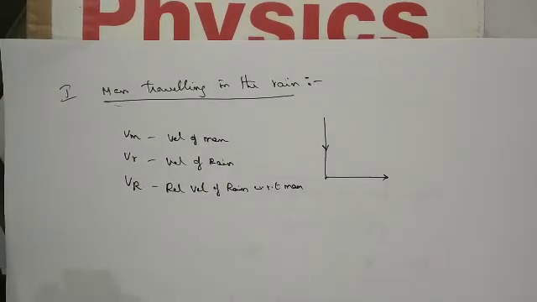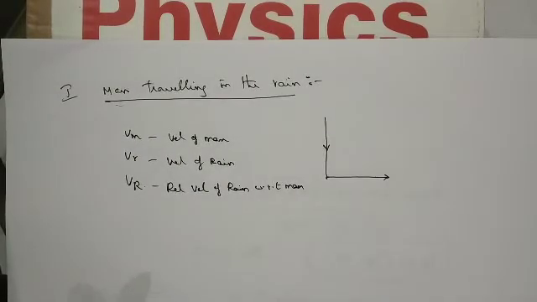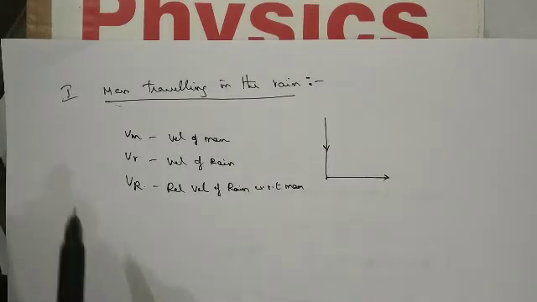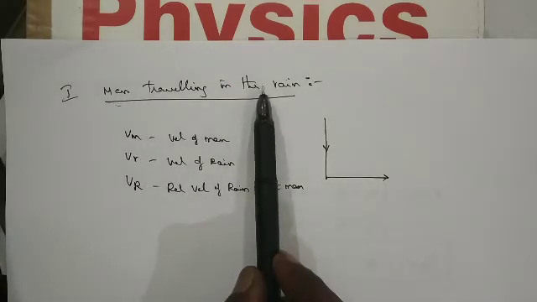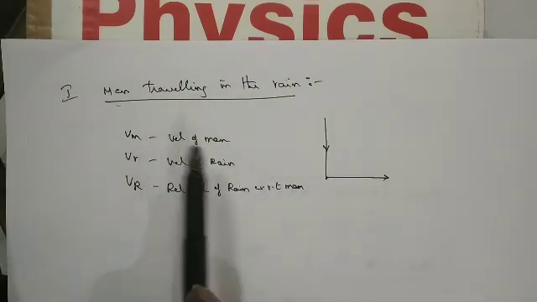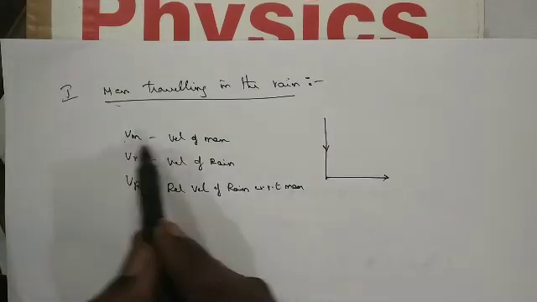Now we are going to see two important examples of relative velocity. The first example is when a man is traveling in the rain and the rain is slashing against him, and rain has its own direction because wind blows along the rain, and the man is also traveling. So let us consider Vm is the velocity of the man.